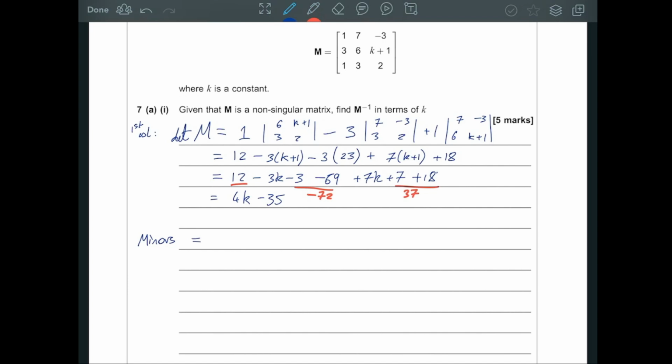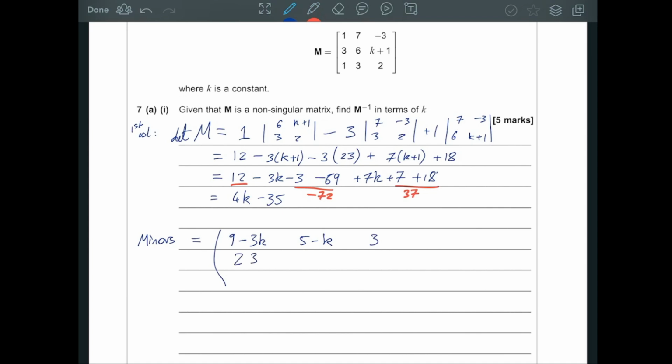Let's now find my matrix of minors. So minors are the 2 by 2 determinants left over. So we're going to need quite a large matrix here. We've already done some of them. If I ignore the 1, leaving behind the determinant there, that's going to be 12, that's going to be 9 minus 3k. The minor for the 7 is going to be 5 minus k. Determinant for the minus 3 is 9 minus 6. For the 3, we've already done that one. That was 23.